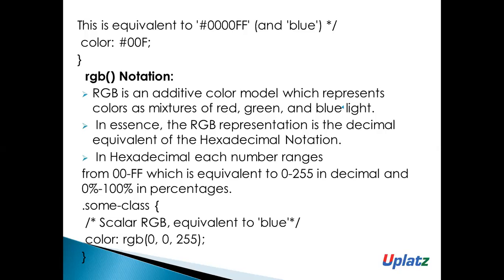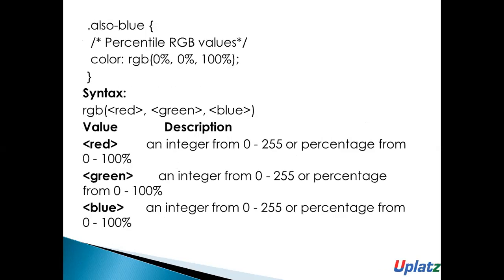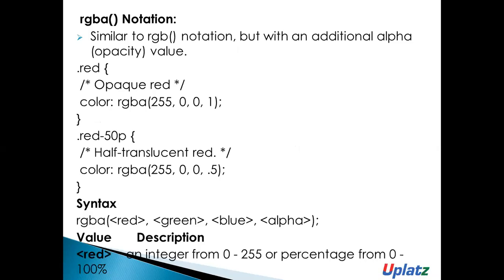The syntax would be rgb(red, green, blue). For red, an integer value from 0 to 255 or a percentage from 0 to 100. For green, an integer value from 0 to 255 or a percentage from 0 to 100. And for blue, an integer from 0 to 255 or a percentage from 0 to 100. So this should be the notation and syntax for RGB.